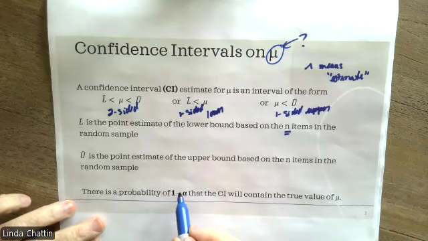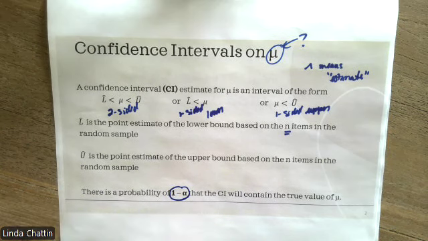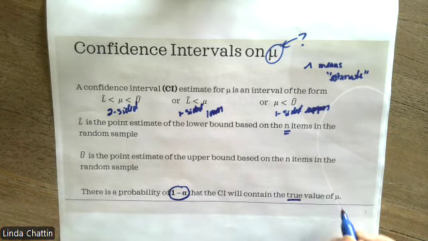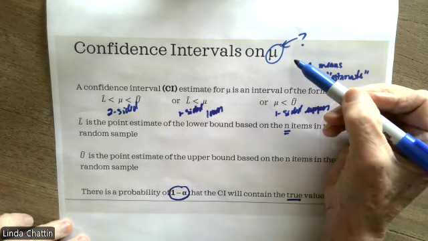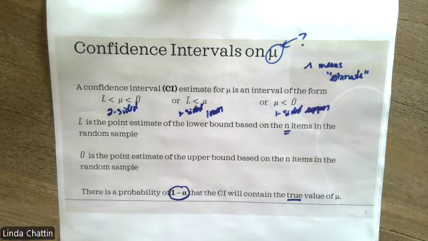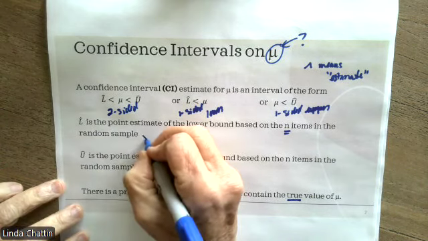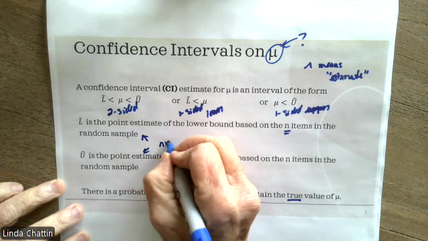By saying that, we're saying that it has a probability of 1 minus alpha, and I'll get into what alpha is later on, that the confidence interval will contain the true value of mu. Remember, we don't know what mu is, so we're trying to actually capture it. So L hat and U hat are both numerical values.